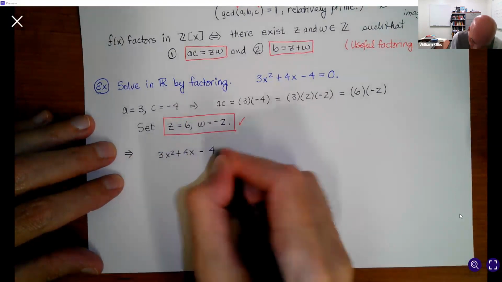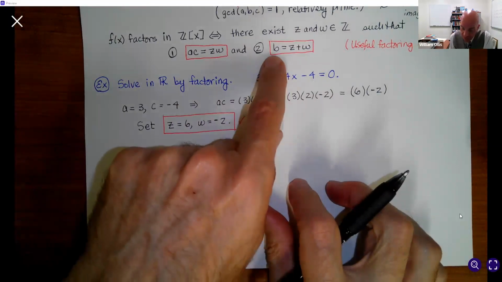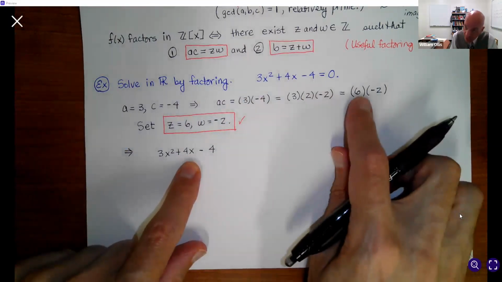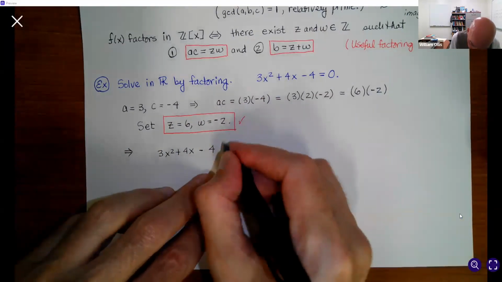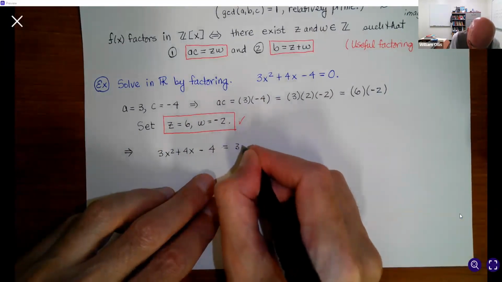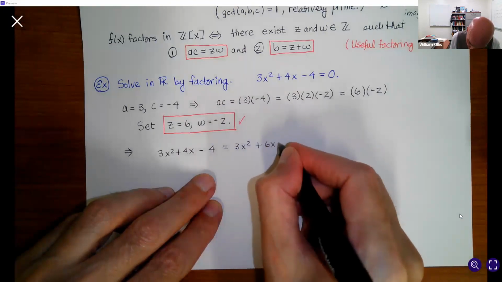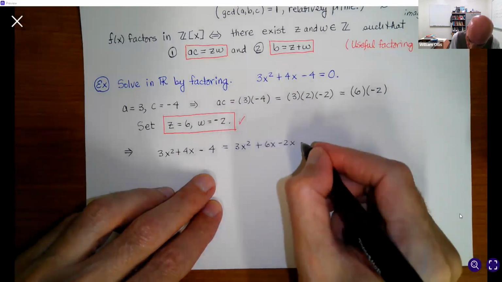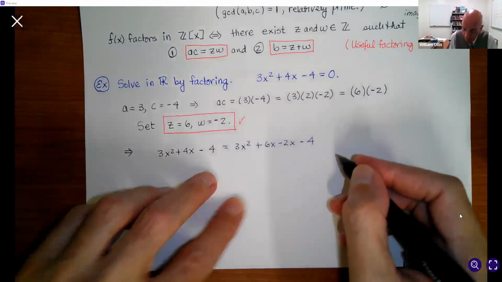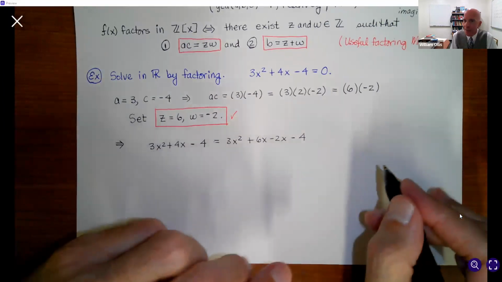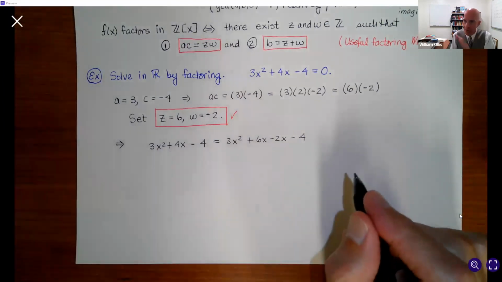And now, because of the B equals Z plus W, we can rewrite the middle term using the Z and the W. So this gives us 3x squared plus 6x minus 2x. Now, of course, you can trial and error everything, but this method is very efficient and very systematic, and it's easy to carry out.